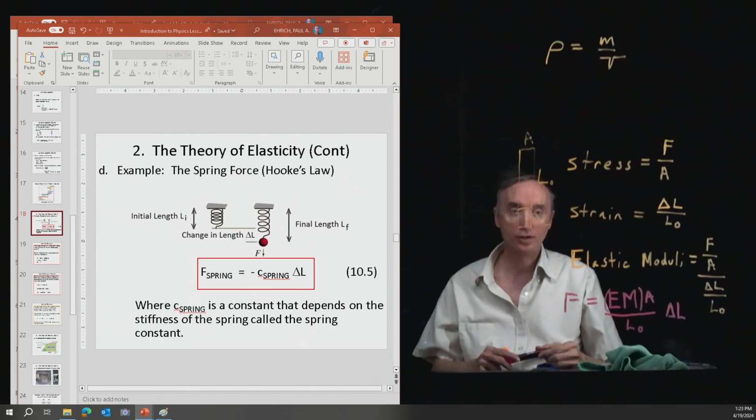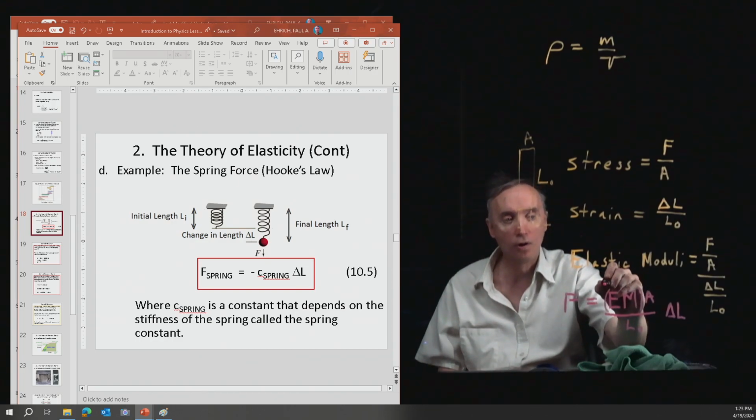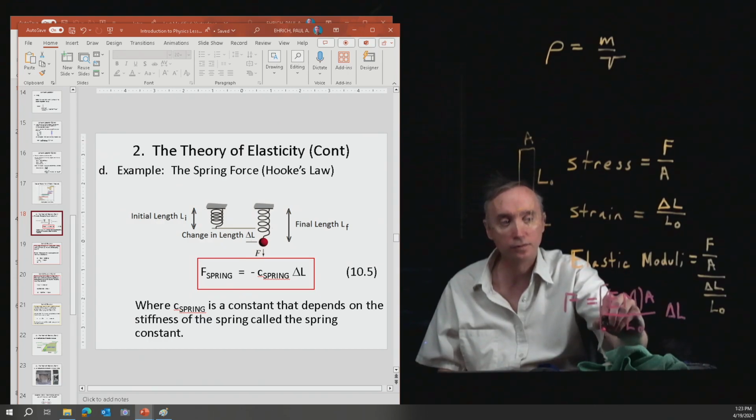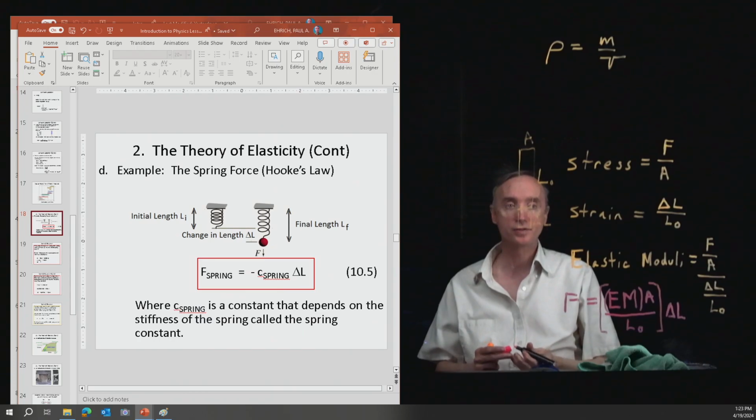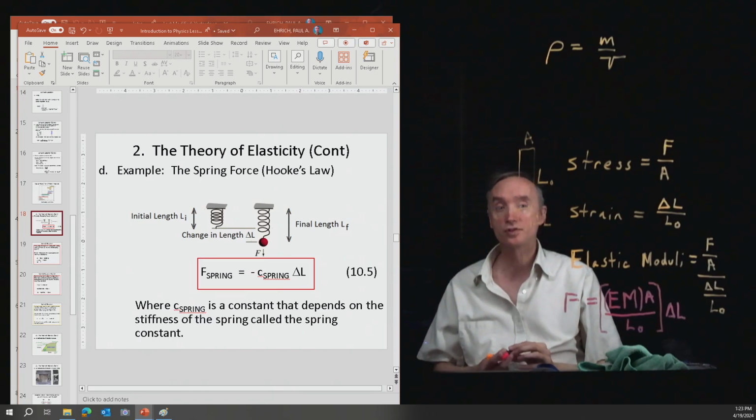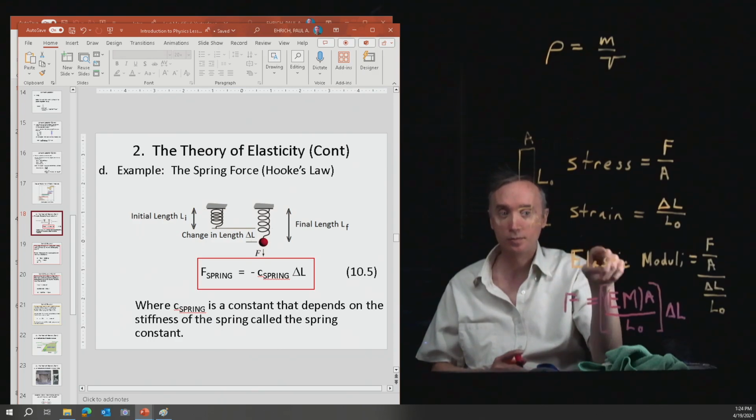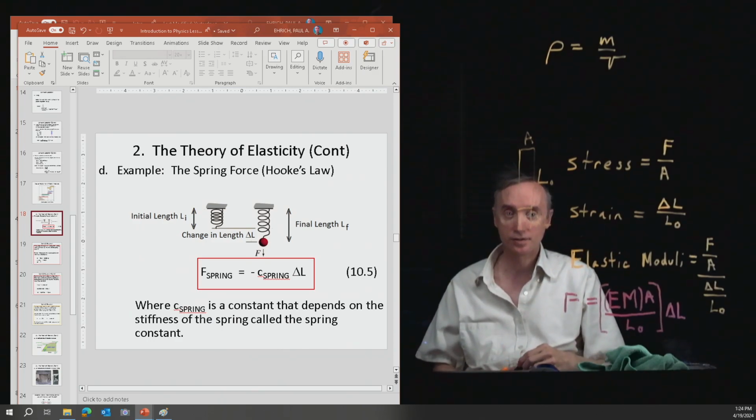And then what we can do is lump all of this together. So all of that is another constant, which we're going to call the spring constant. So C sub spring, the spring constant.